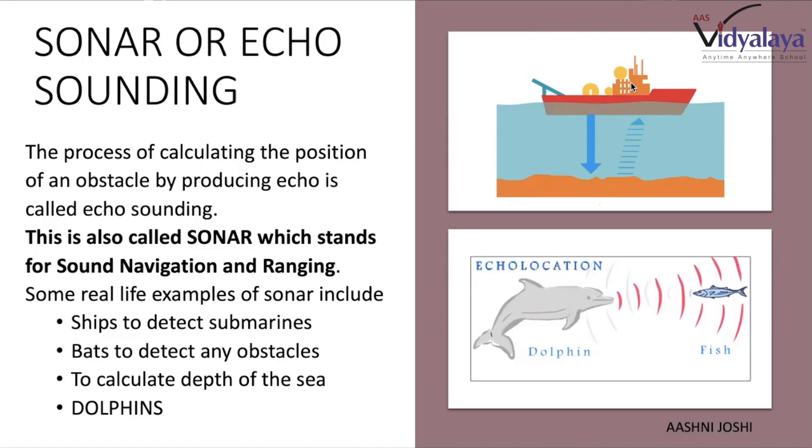Now this ship also has a system which can catch these reflected sound. After it catches the reflected sound, using the formula that we just learned, it can calculate the distance of the obstacle from the ship. And through that, it can determine if it's an enemy ship or some other thing, and if it has a threat to them.